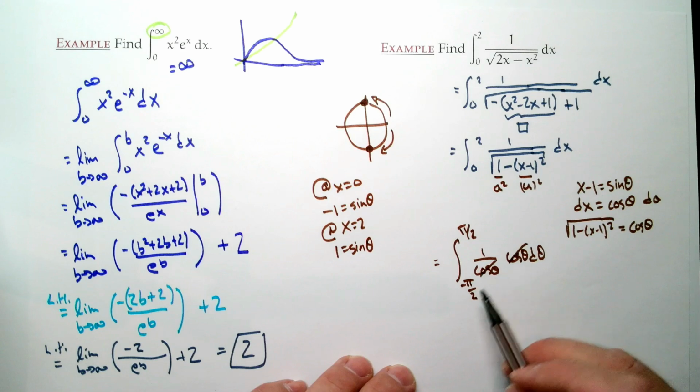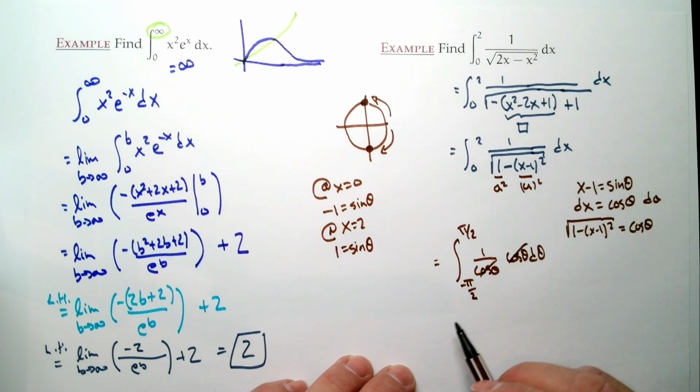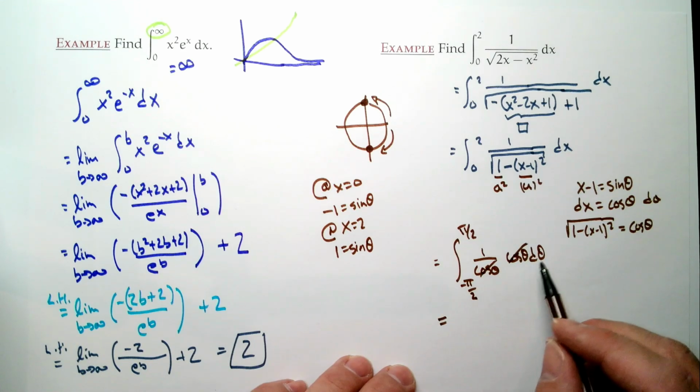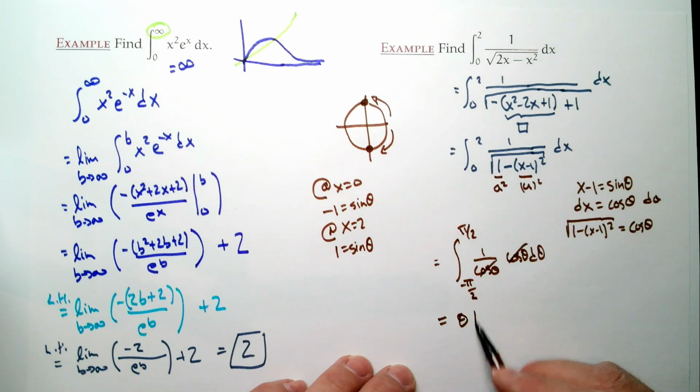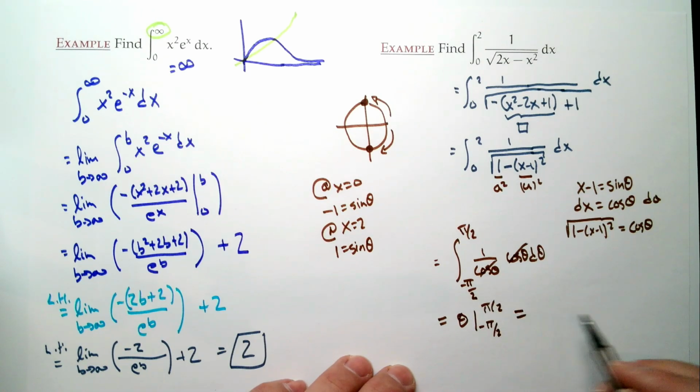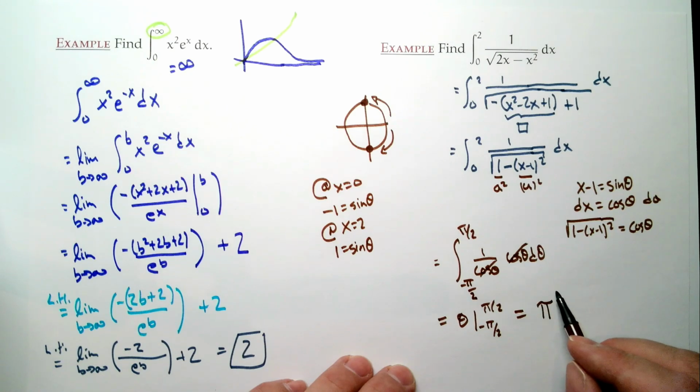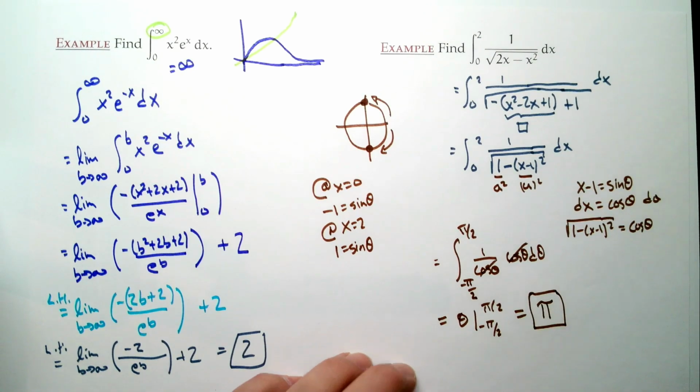Yeah, very subtle. We're going to come back to that in a second. But it's the integral of d theta, which is theta from negative pi over 2 to positive pi over 2. And if we evaluate, what do we end up with? Pi over 2, subtract negative pi over 2, which is pi.